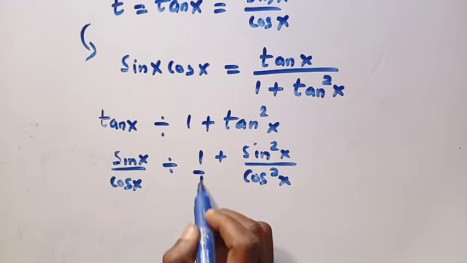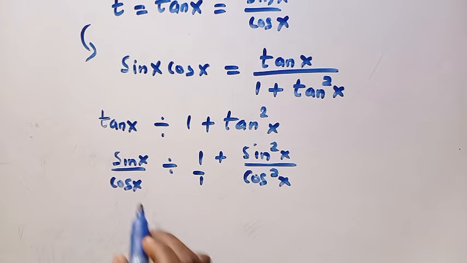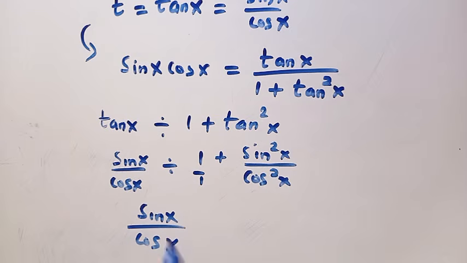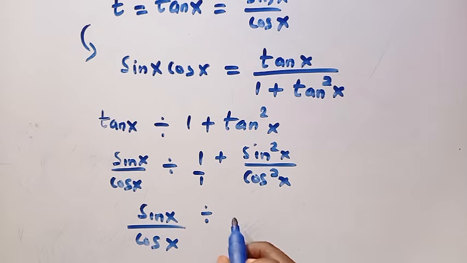Finding the LCM, this becomes sine x over cos x, divided by cos squared x plus sine squared x, which gives us 1, over cos squared x.